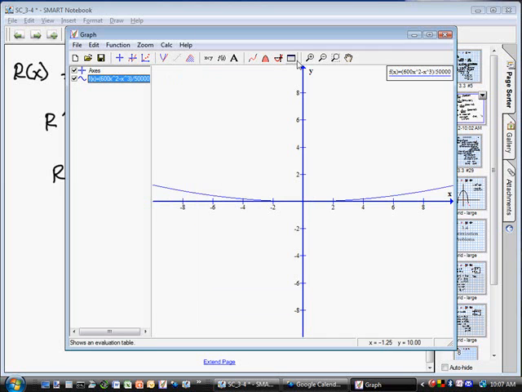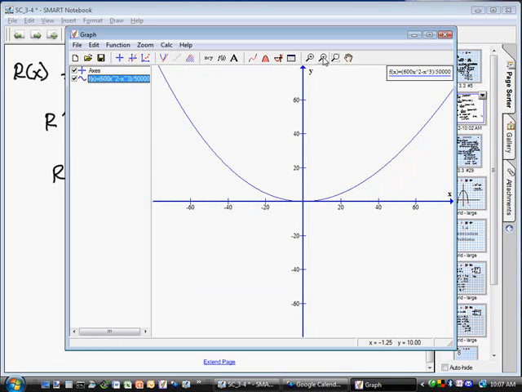Okay, let's obviously zoom out. Now, whoops, the other way. Zoom out.